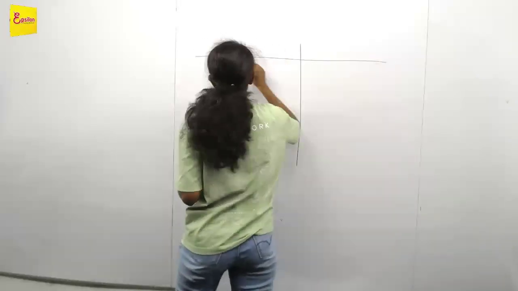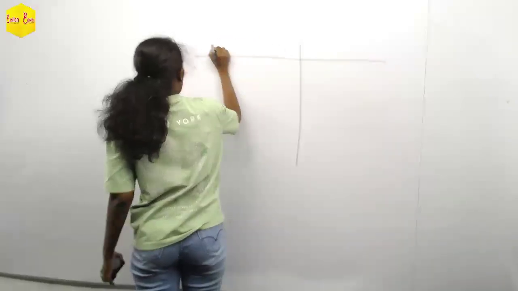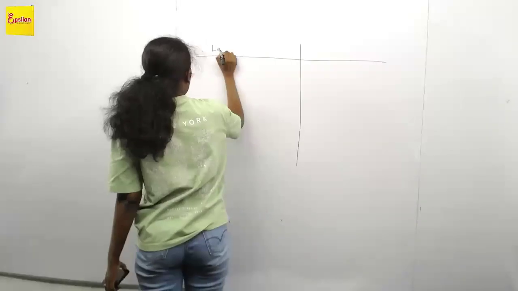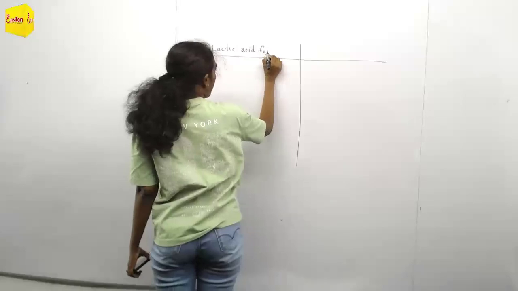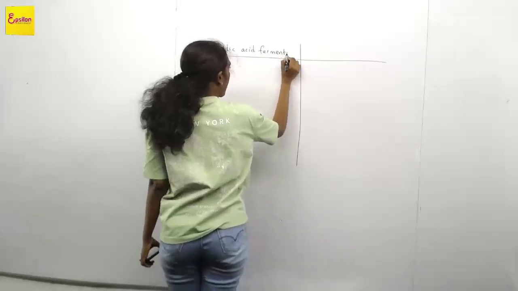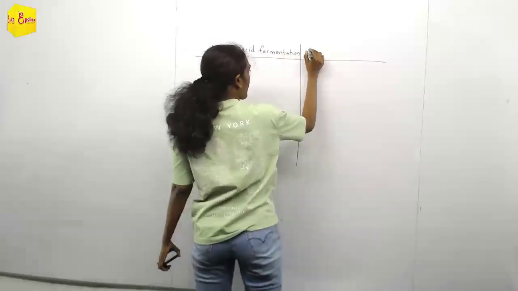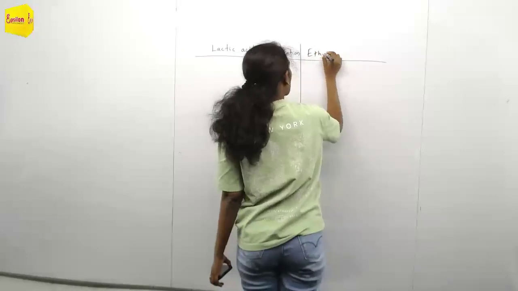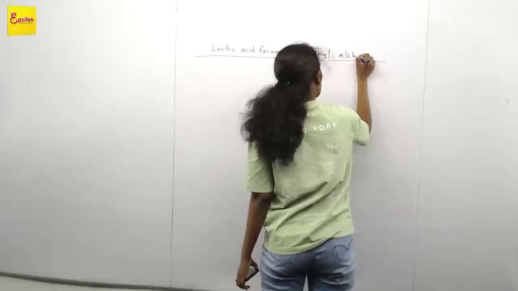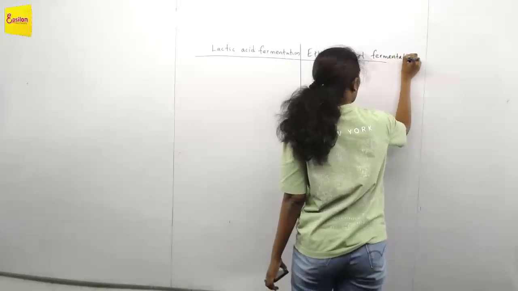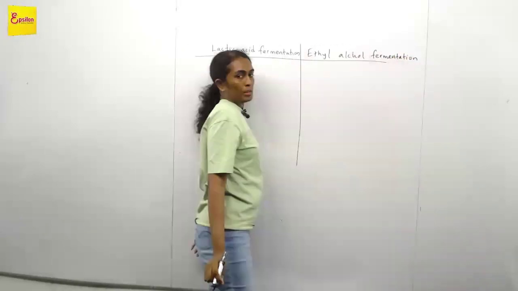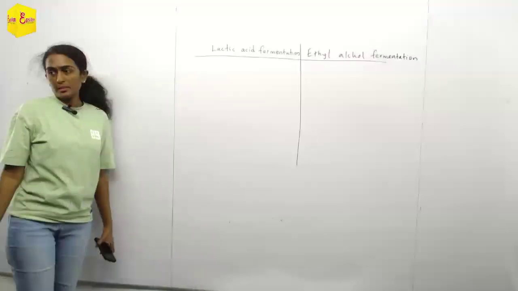So, lactic acid fermentation and ethyl alcohol fermentation. What are the differences?